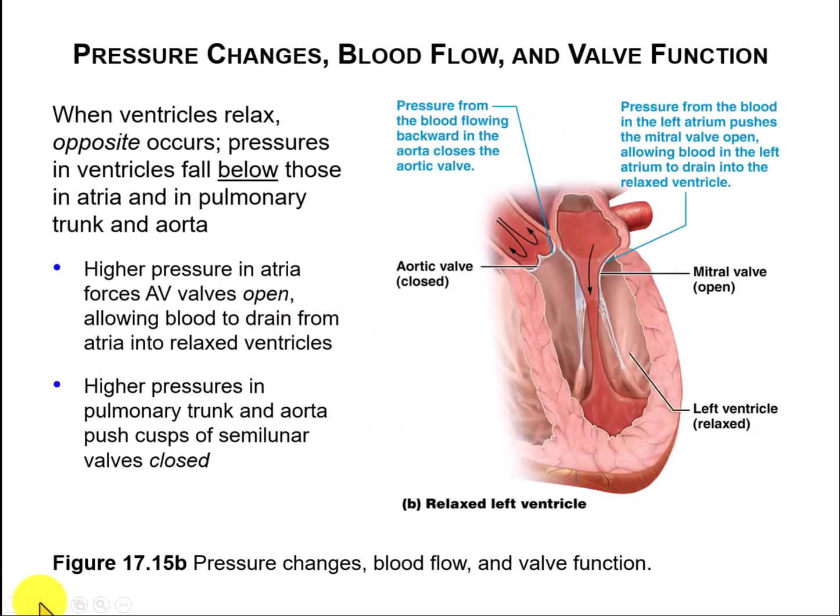And then when the ventricles relax, the backflow of the blood into the great vessels fills the cusps of our semilunar valves and closes them. Because the pressure in the ventricles is now lower than the atria, the flaps of our atrioventricular valves fall open.